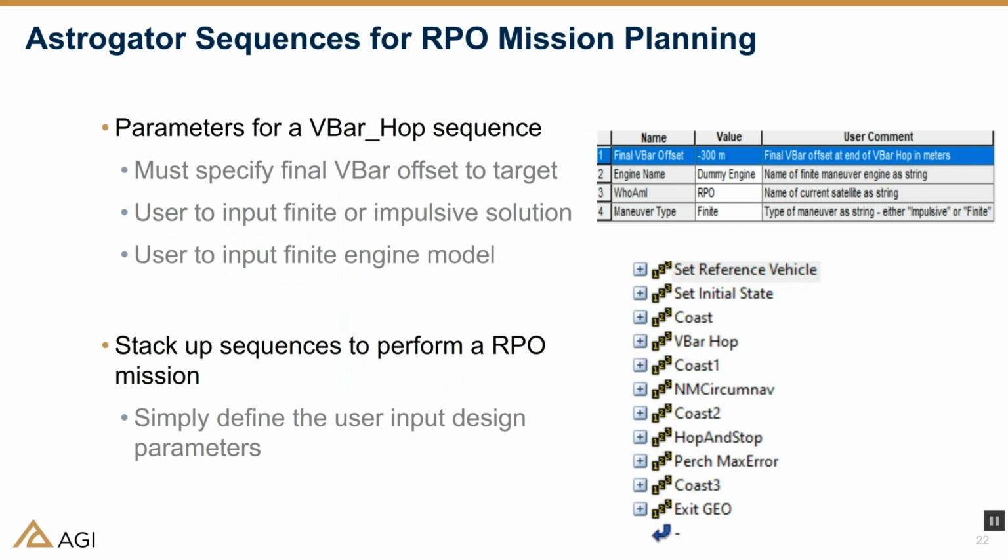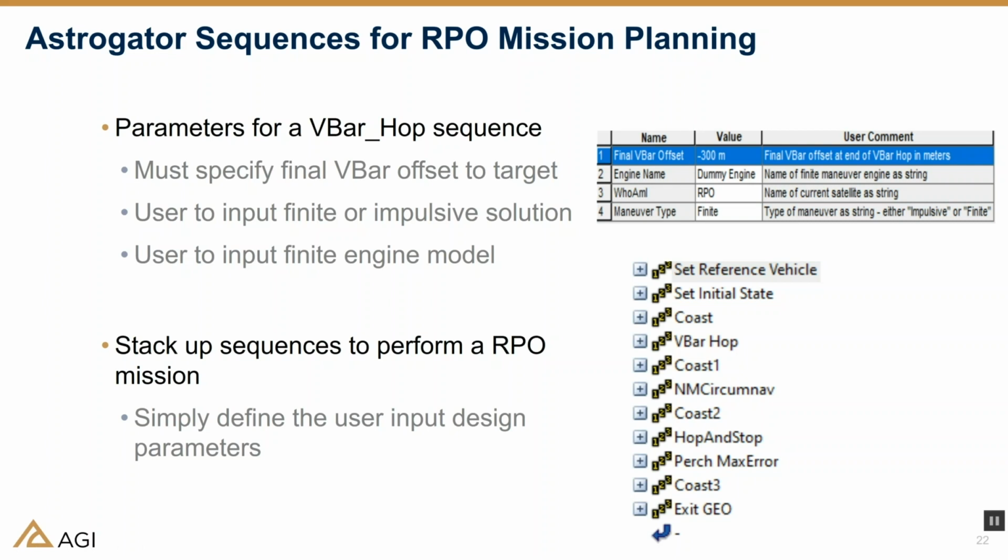In the V-bar hop sequence, we've exposed a few of the defining parameters associated with a V-bar hop. The sequence knows when it gets to here where it is on the V-bar, and it's going to ask you in this first question, final V-bar offset, where do you want to get to relative to the target when you get there?